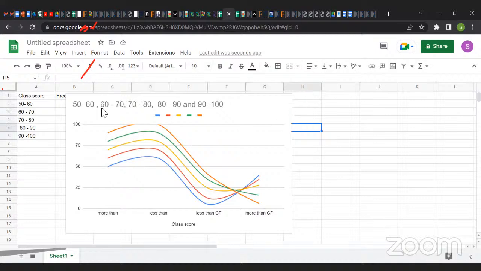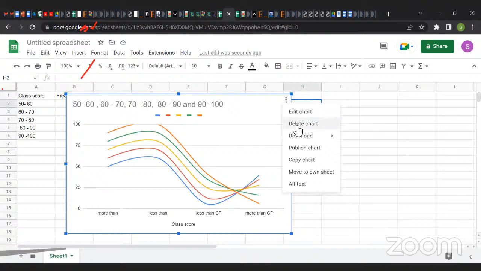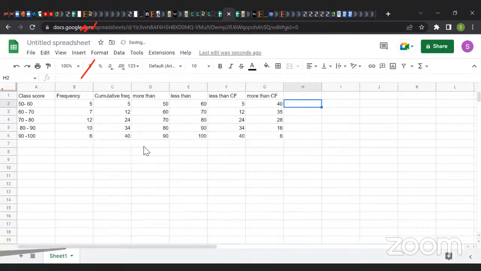Something went wrong. And the same way we can do it for less than and less than cumulative. Oh, sorry, I have to hold Control and this one.